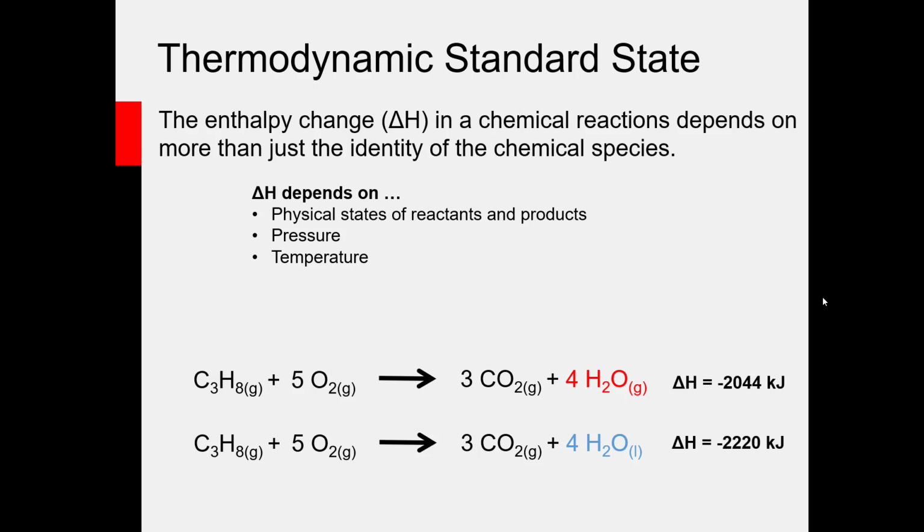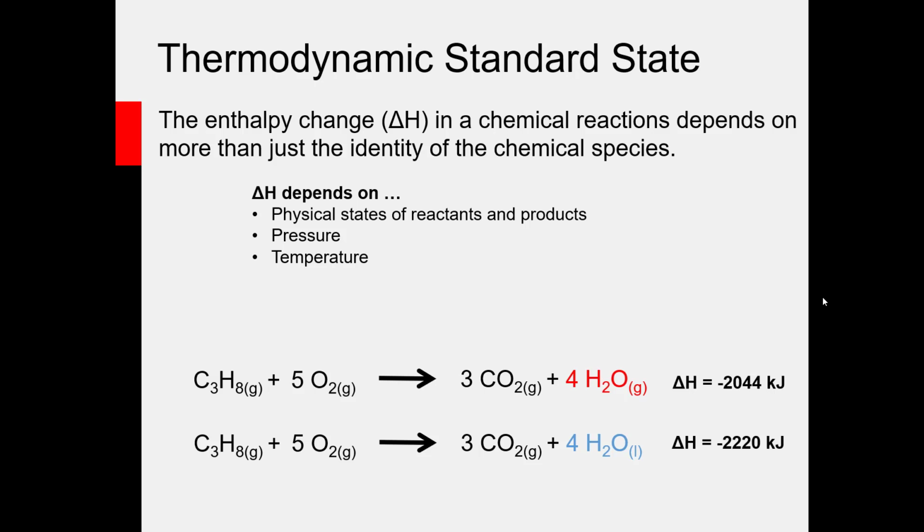That is, if you run reactions at different temperatures or at different pressures, the enthalpy change that you observe might be different, because the phases of the chemicals participating in the chemical reaction might be different at different pressures and temperatures.